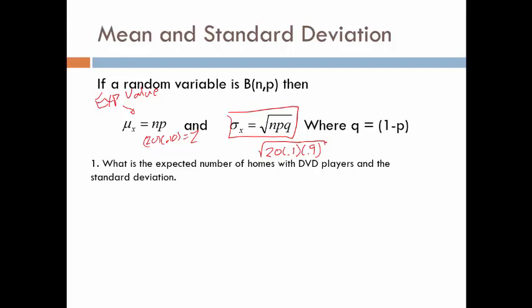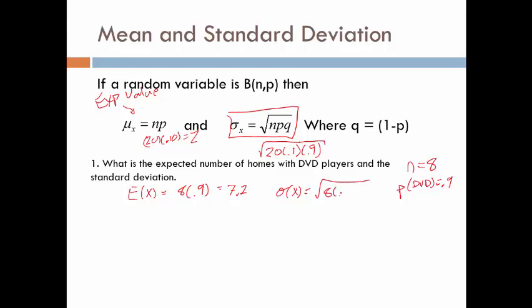If we go back to our DVD players, so I think there were 8 homes that we were visiting yesterday. So the expected number of homes with a DVD player, remember the probability it had a DVD was 90%. So the expected value would just be 8 times 0.9. So we'd expect 7.2 homes. Again, it's okay to have a decimal.